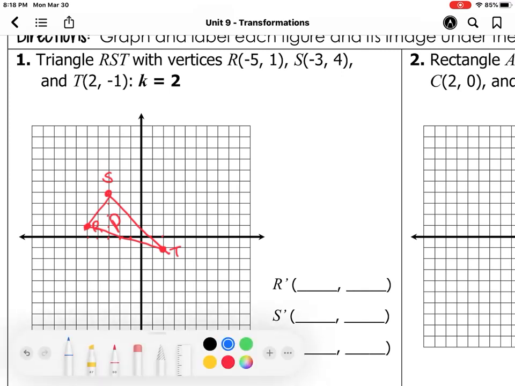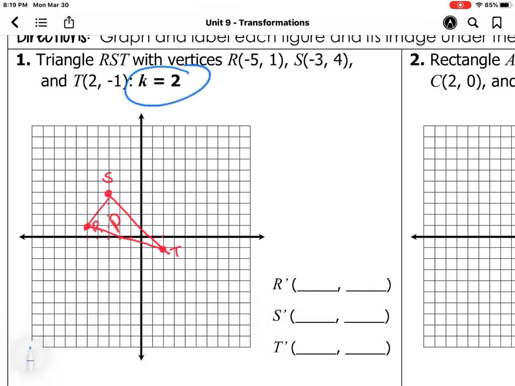Now, when we have our pre-image, we then take those points and we multiply it by the scale factor right here. And the scale factor is 2. And since 2 is greater than 1, we know that our image is going to be bigger than our pre-image, right? So it's an enlargement. So we're going to take each one of these points and multiply it by 2.